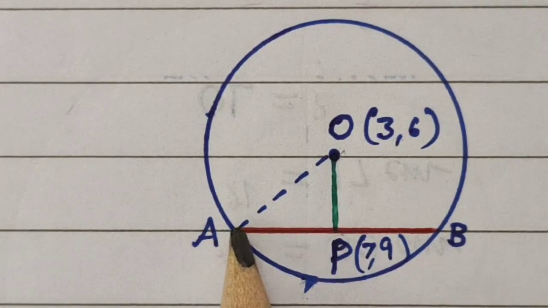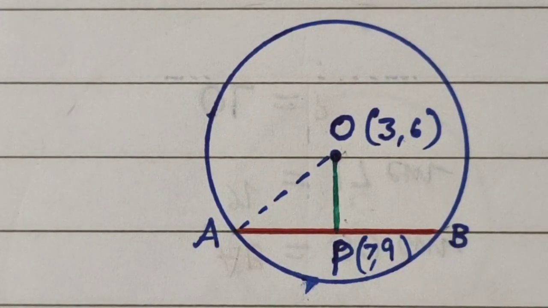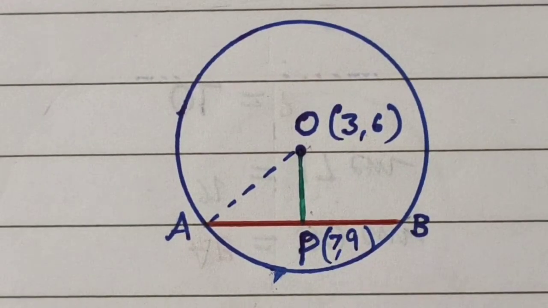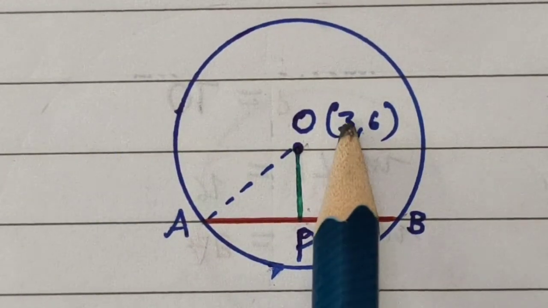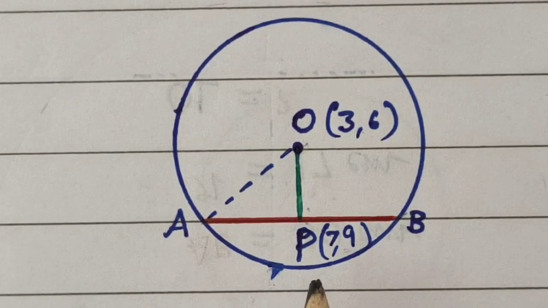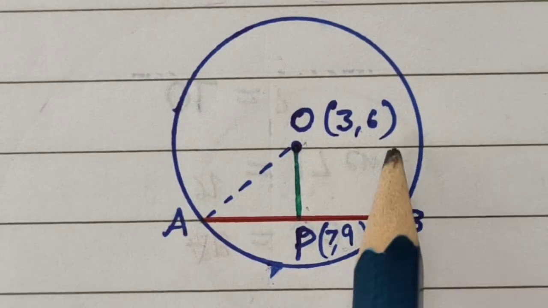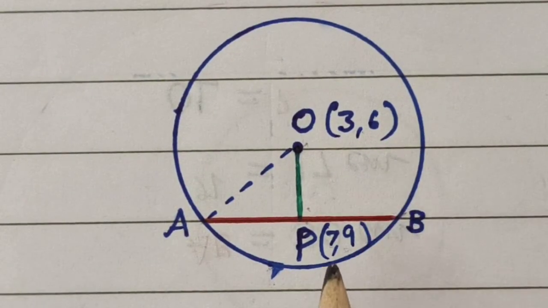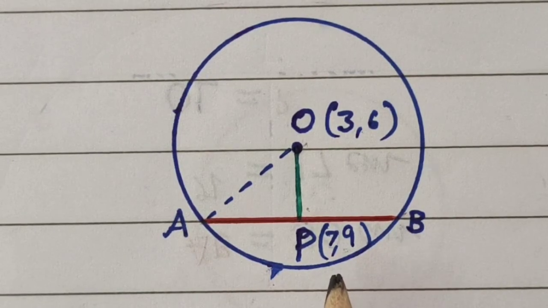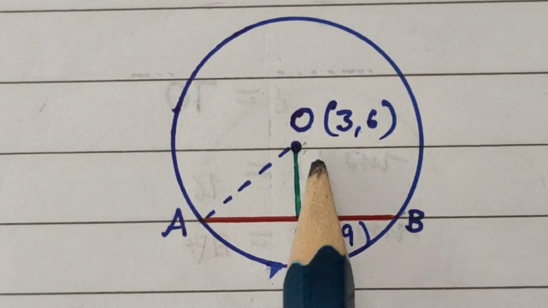Two times this will give AB. Using the distance formula, OP is equal to square root of x2 minus x1 whole square plus y2 minus y1 whole square, that is square root of 7 minus 3 whole square plus 9 minus 6 whole square. That becomes square root of 4 square plus 3 square, that is square root of 25. Therefore OP is 5 centimeters.